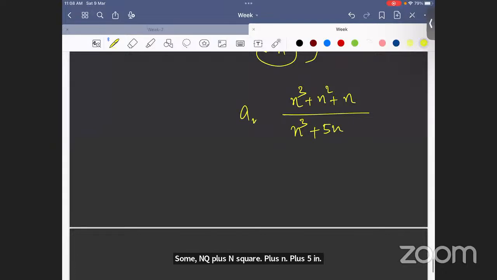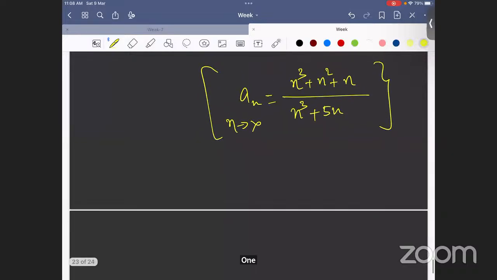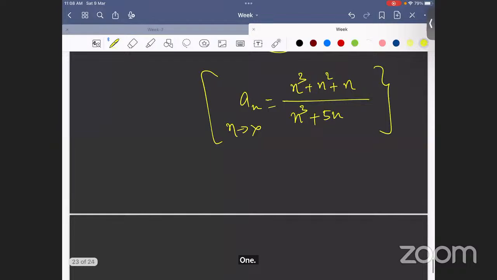If n tends to infinity, what value will this sequence tend to? 1. It will tend to 1. And how do you get that? We just pull out n cube from the numerator and denominator, and then we cancel it. That's correct.